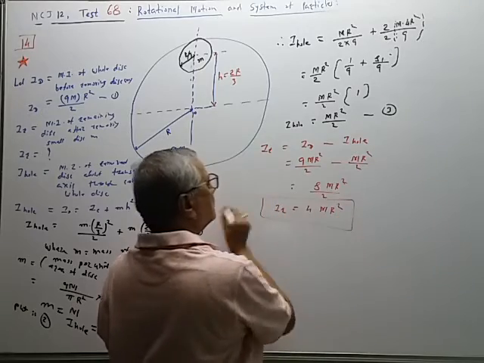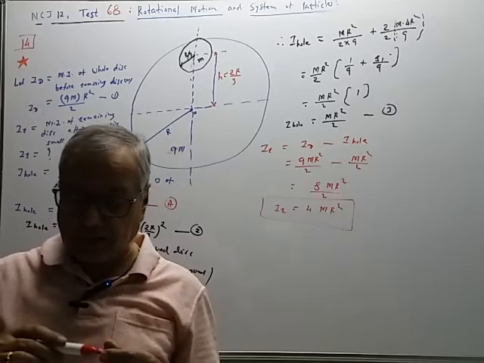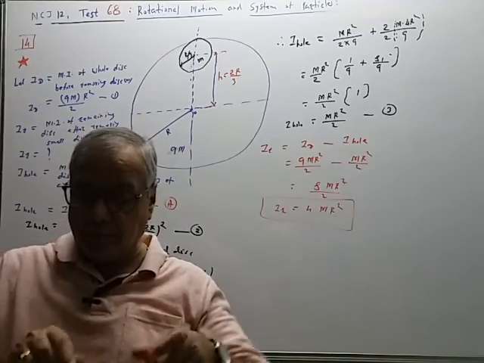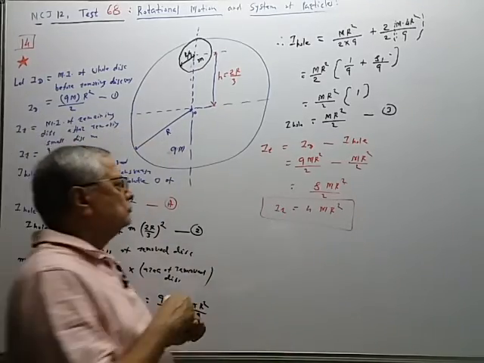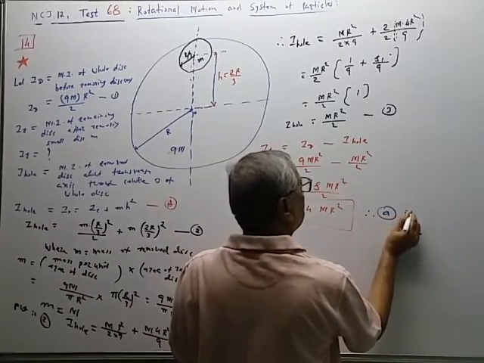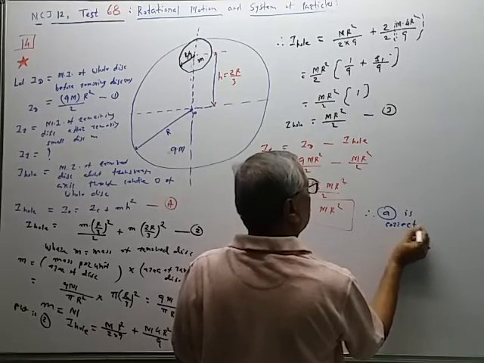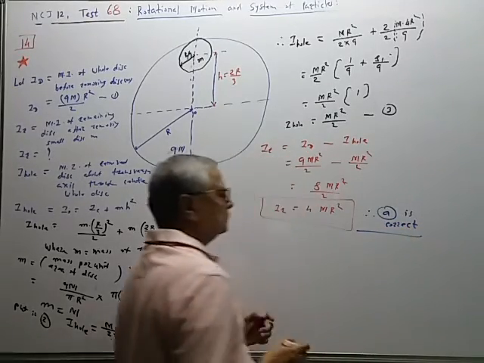So moment of inertia of the remaining disk is equal to 4 mr square, means characteristic E. E is correct.